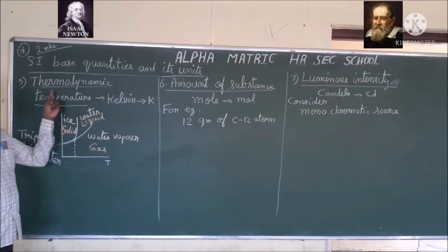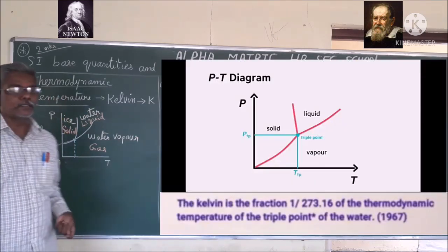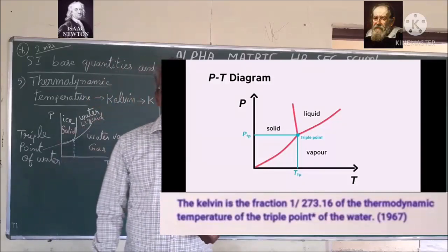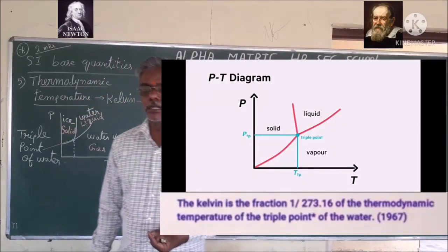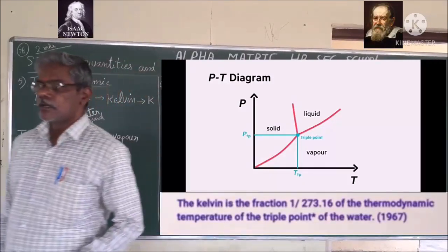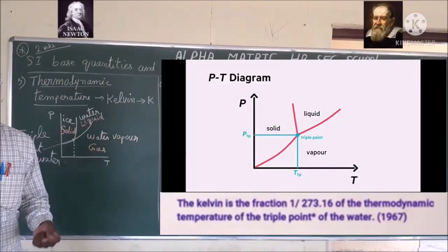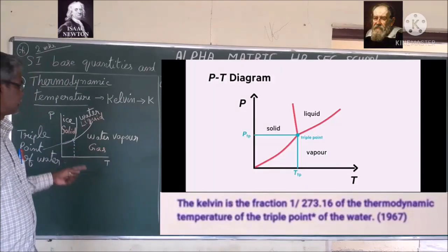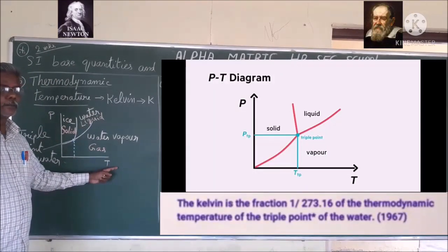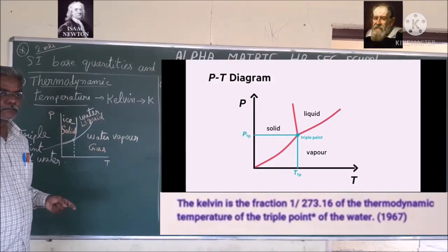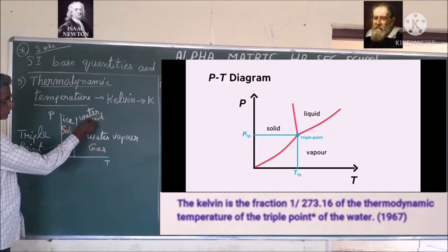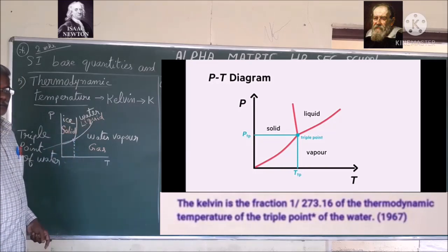Now we are going to discuss thermodynamic temperature. The unit for temperature is Kelvin. The symbol is K. Now I want to define 1 Kelvin. Let us consider this graph, temperature against pressure. We have 3 curves, 1, 2 and 3.